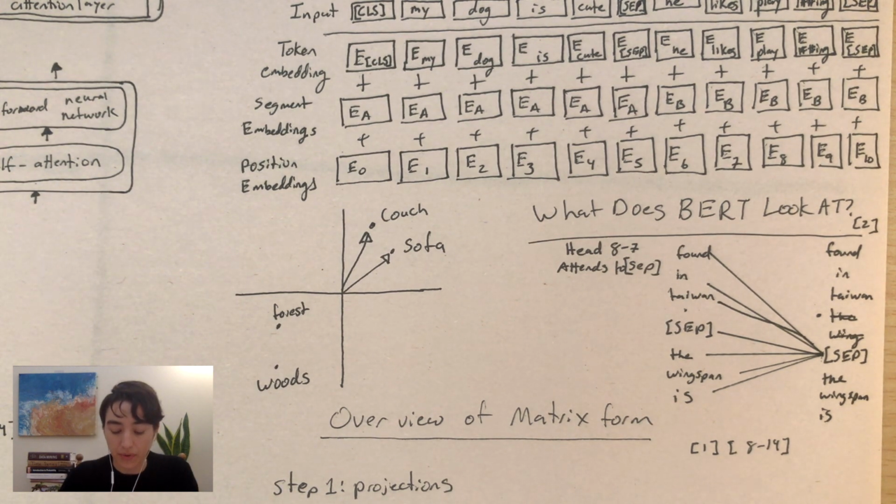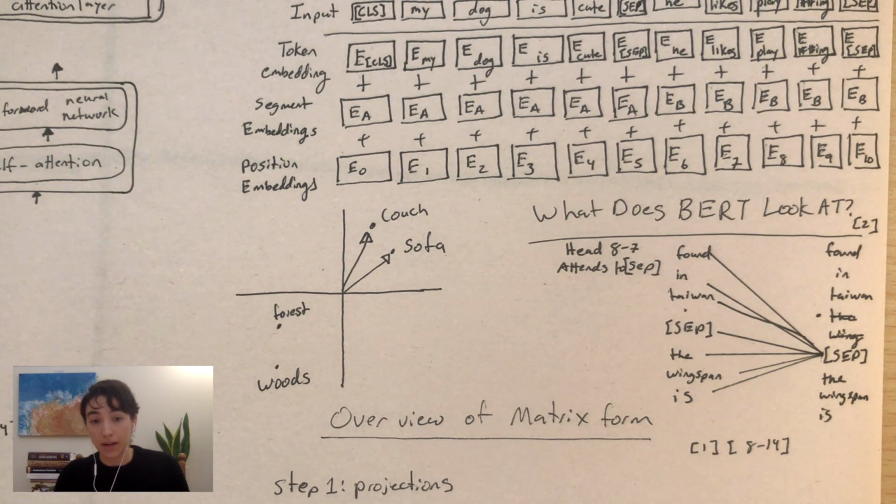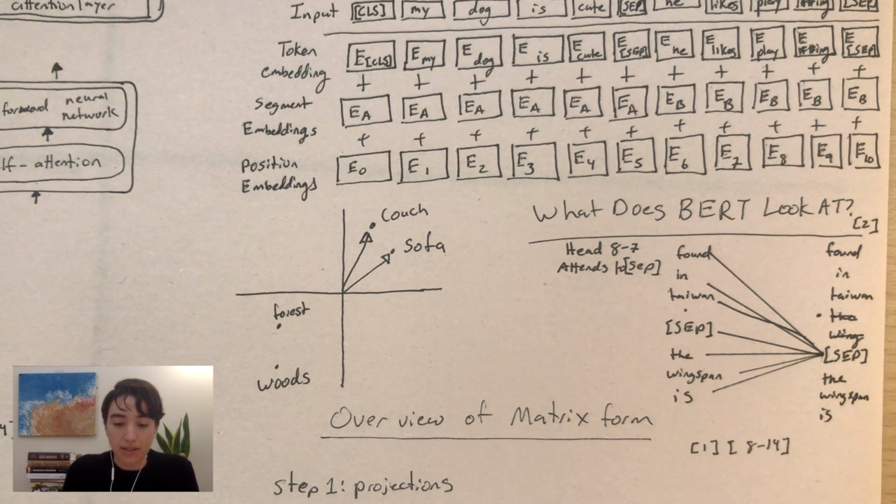Here's an excerpt from the paper, What Does BERT Look At? An Analysis of BERT's Attention, where the authors investigated BERT's 144 attention heads, and they write, BERT's attention heads exhibit patterns such as attending to delimiter tokens, specific positional offsets, or broadly attending over the whole sentence, with heads in the same layer often exhibiting similar behaviors.